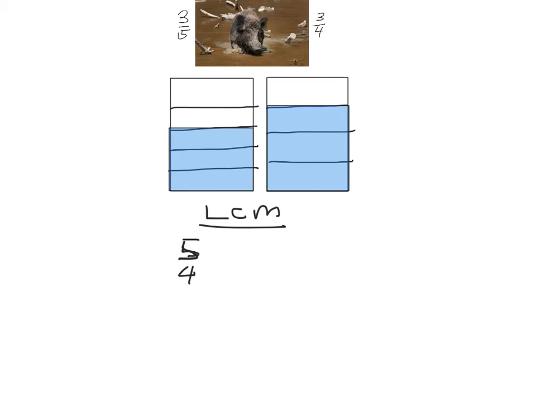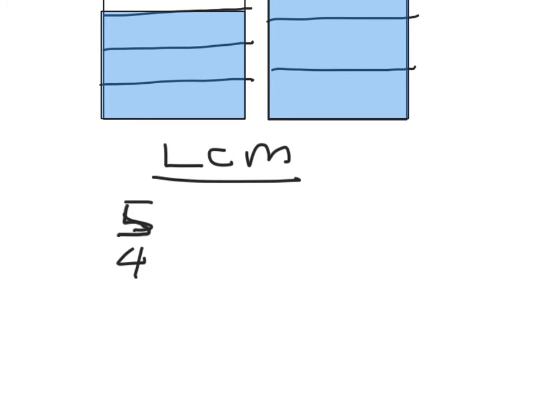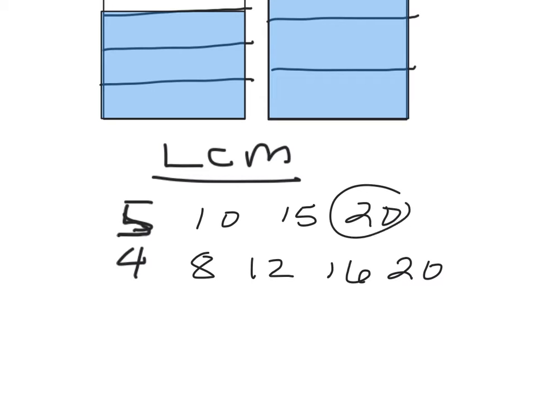And there, it's a little better. Okay, so now I'm going to count by 4s first. 4, 8, 12, 16, and 20, right? And now I'll count by 5s, 5, 10, 15, and 20. And right there, you can see that I have common multiples, right?